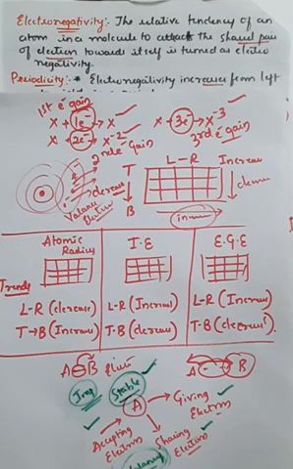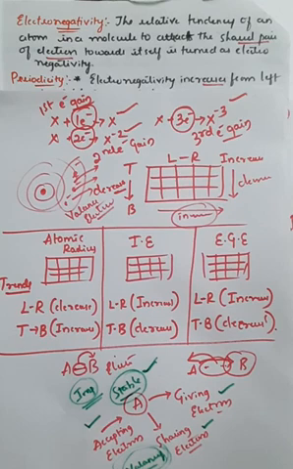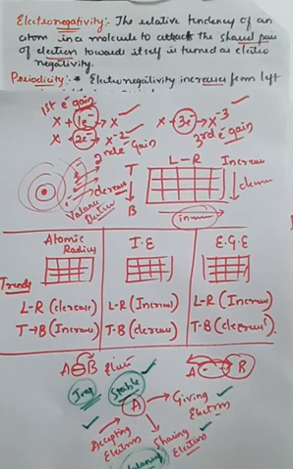Valency is nothing but the total number of electrons that are given, accepted, or shared to attain the noble gas electronic configuration. The reason for attaining the noble gas electronic configuration is to get stabilized.